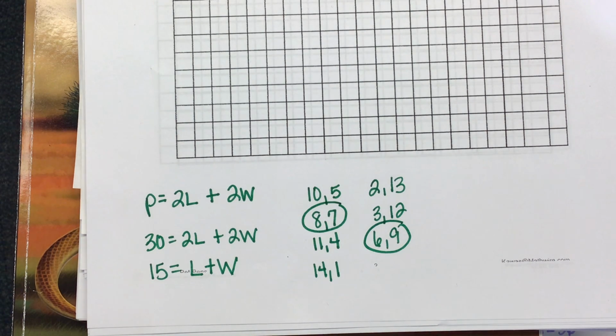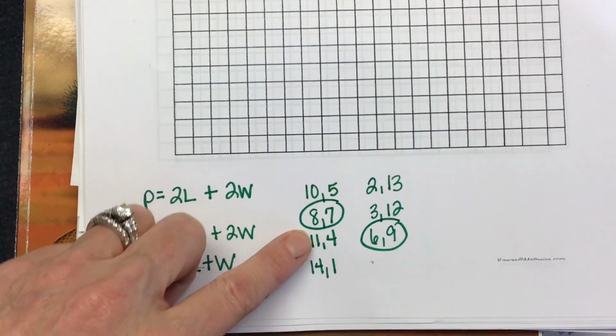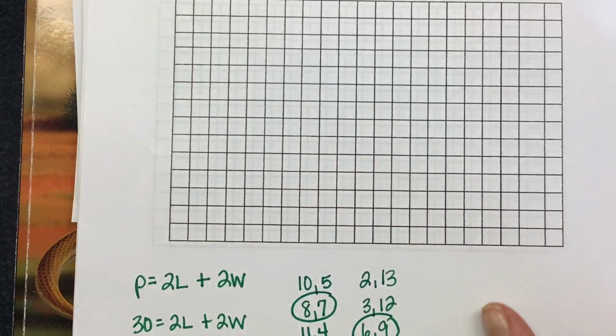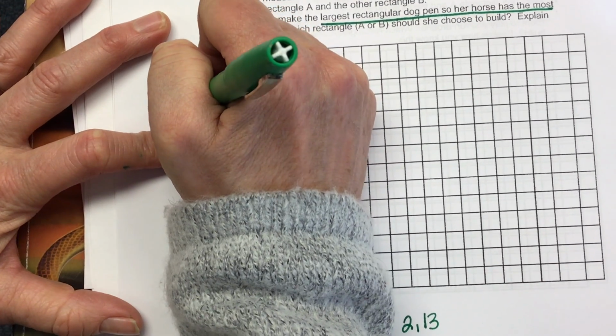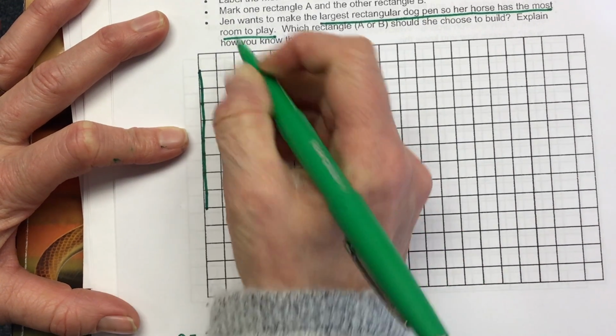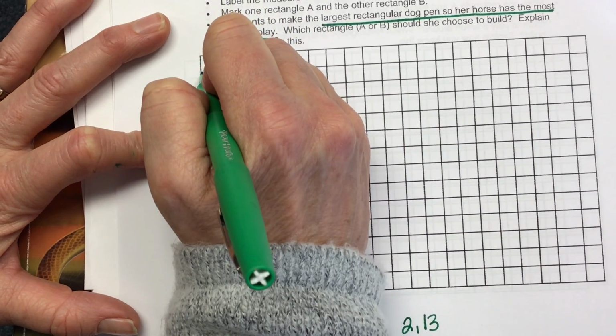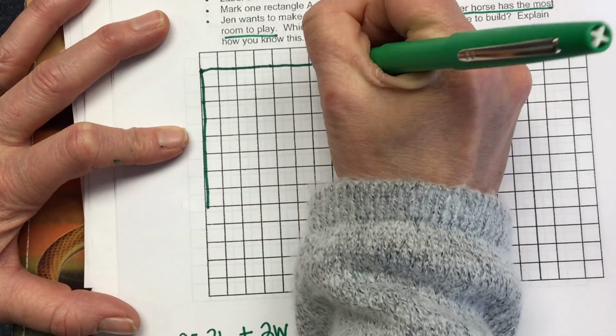So you want it to be the most area possible. So we're going to draw the 2 rectangles. The first one is 8 by 7. Draw it up here. 1, 2, 3, 4, 5, 6, 7, 8. Ricky, you should be drawing this. 1, 2, 3, 4, 5, 6, 7.